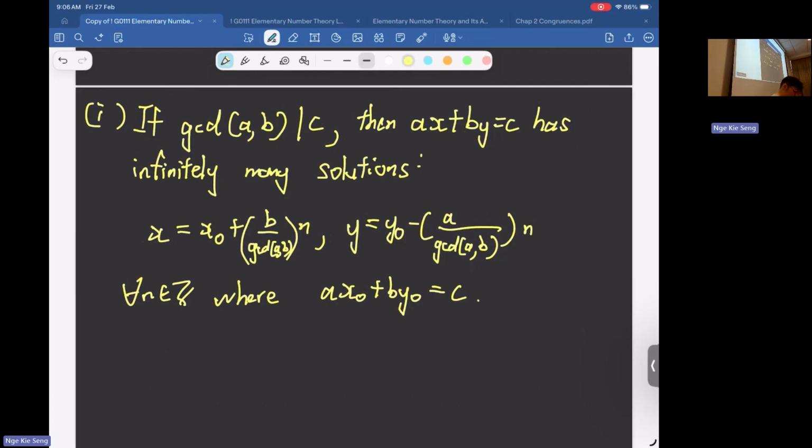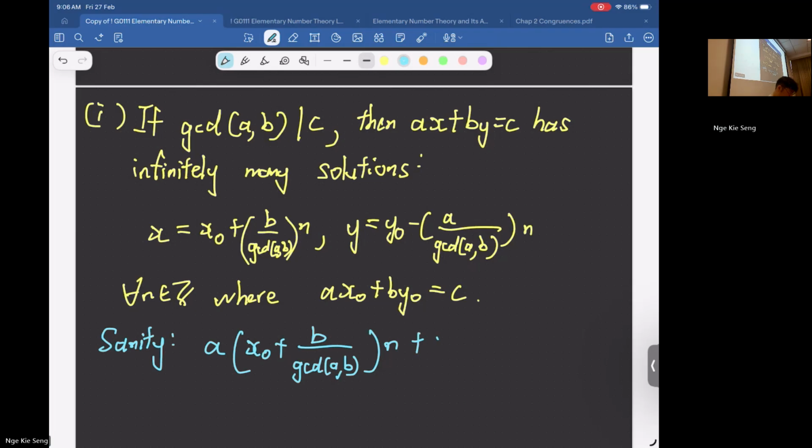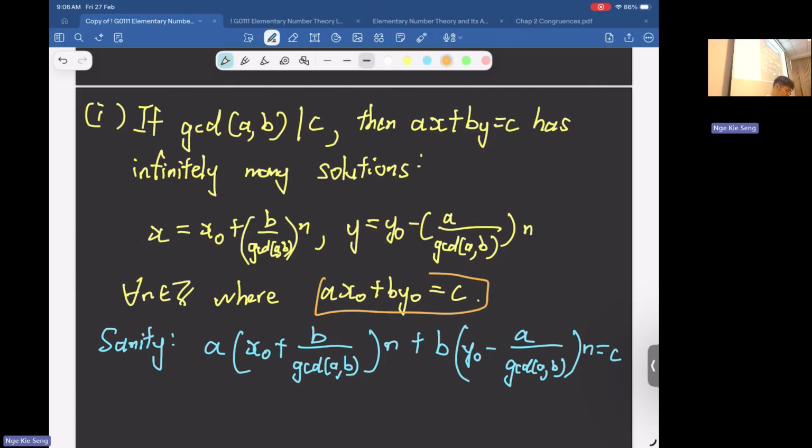So maybe you want to do a sanity check to see why this sign makes sense. You can plug in your solution and see why this sign is really important. You can see that the two alternating signs actually cancel out in your calculation. To check this, you really require this.